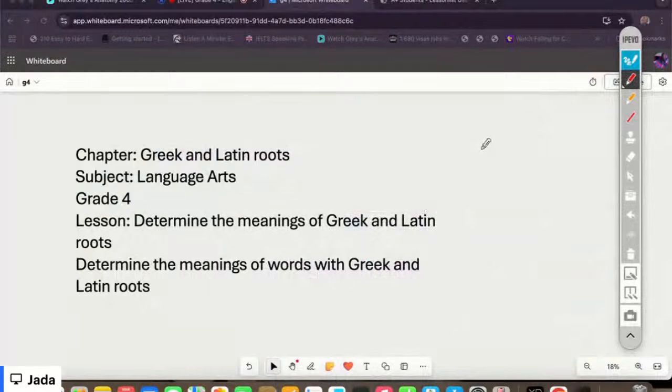Today we'll continue our lesson on the Greek and Latin roots. First, you have to log in using aplusstudent.com.